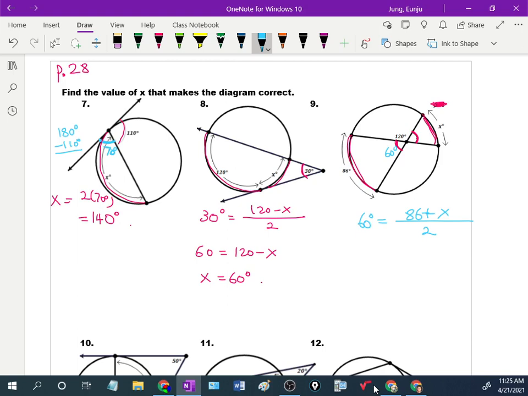So this is how we set up an equation. Let's double both sides and then subtract to find the x value. So the answer will be 34 degrees, right? 34 and 86, that's total 120, right? Divided by 2, we get 60, which is supplementary to that angle.